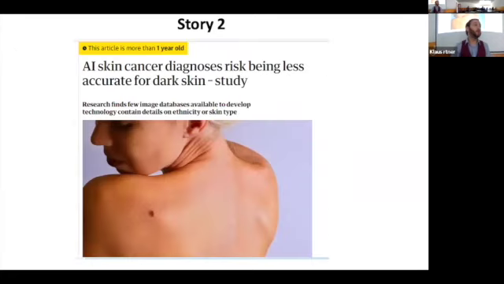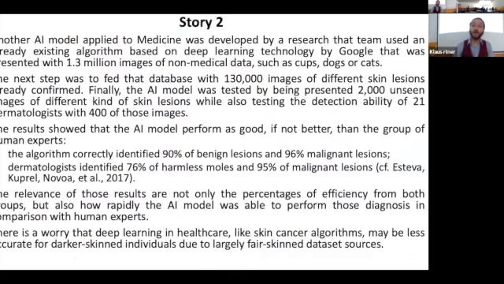But then there are also negative stories about the application of AI in medicine. Specifically, something that we know is common, but before looking at that, we can also train models to identify, for example, specific skin cancers.